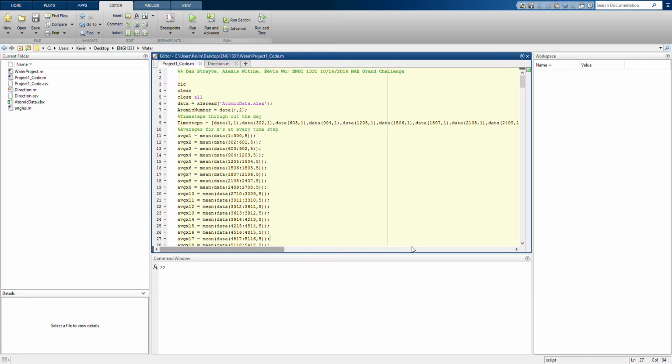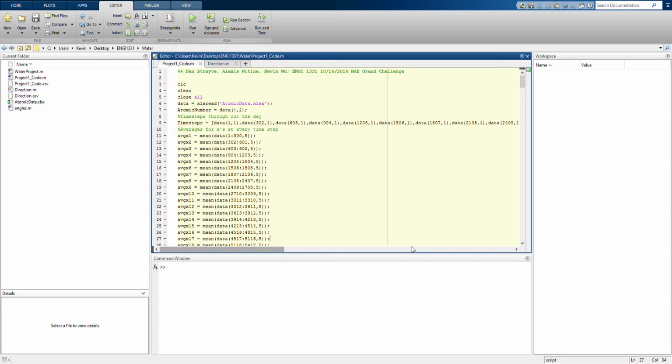So we started by extracting the data into our MATLAB, using the xlsread function and the atomic data Excel spreadsheet that we had. That started off too large. We weren't able to use all that data in that one matrix based off all of the 7,825 rows that they had in the spreadsheet.